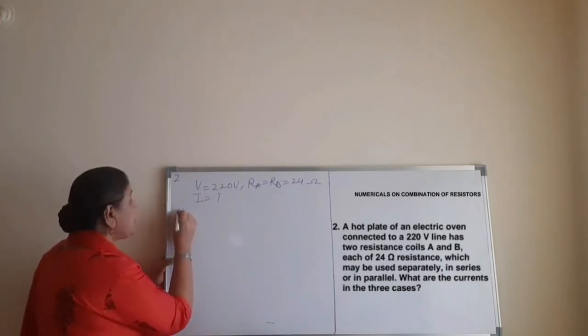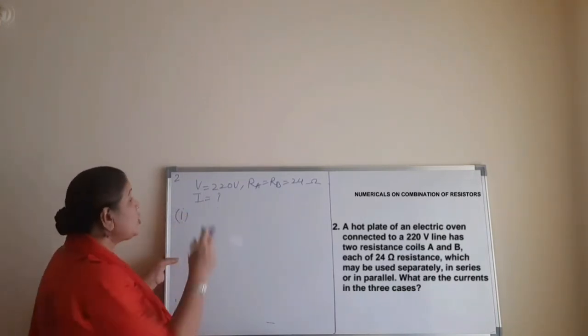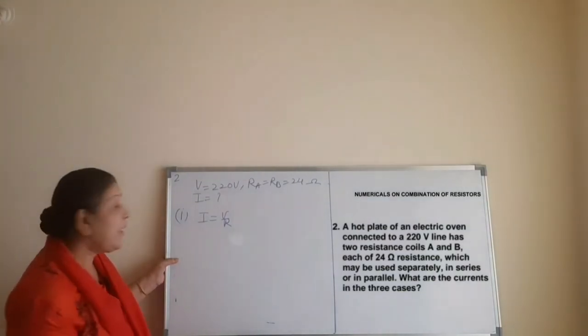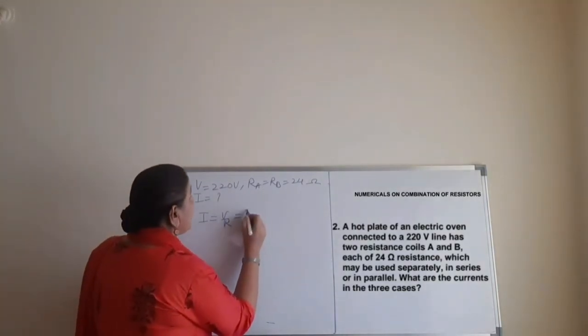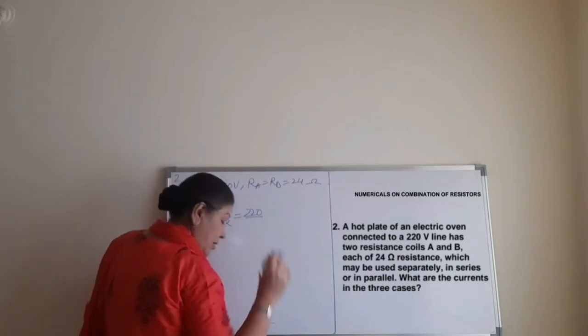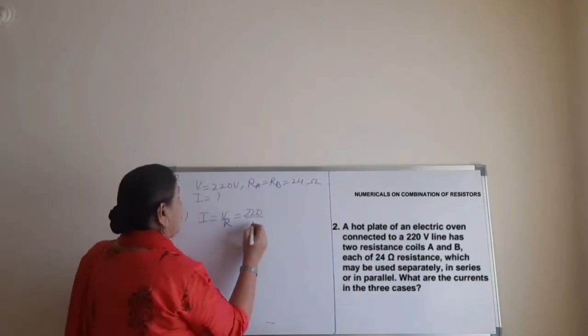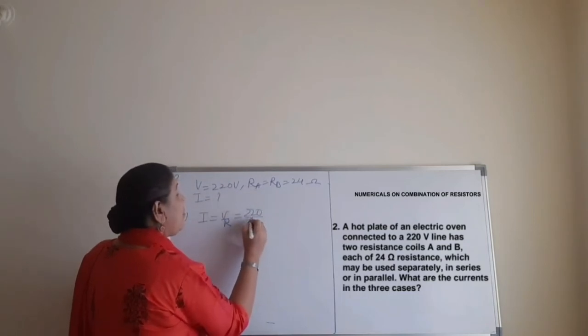First case, when it is individually connected. So from Ohm's law, V is equal to IR. So I is equal to V by R. V is given to you as 220, and R is given as 24.